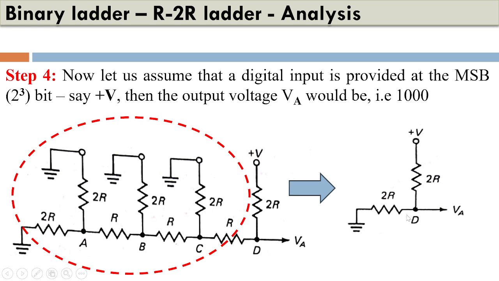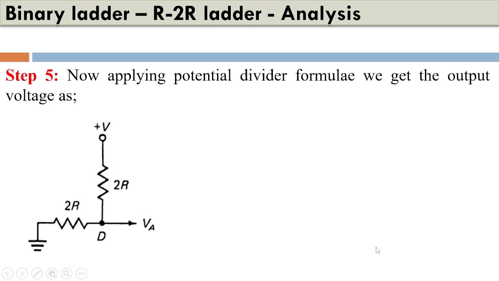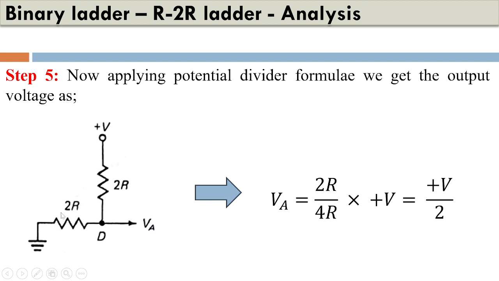So now we can find the output voltage VA by just applying the potential divider formula, which says that the voltage measured across any resistance is that particular resistance divided by the total resistance, multiplied by the applied voltage. So here the total resistance is 4R.